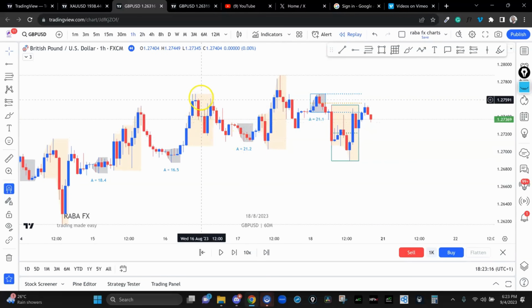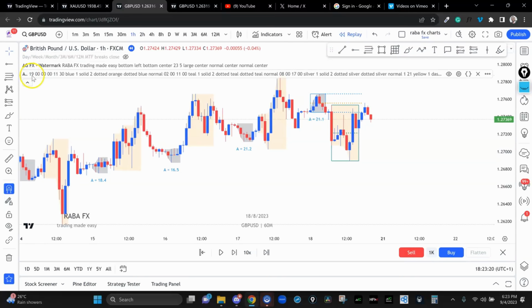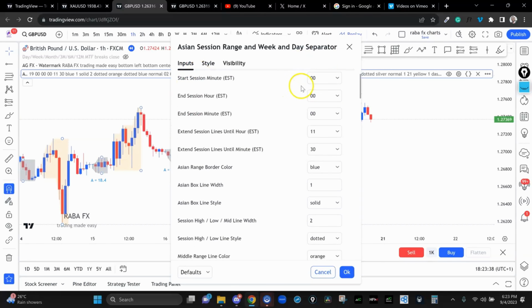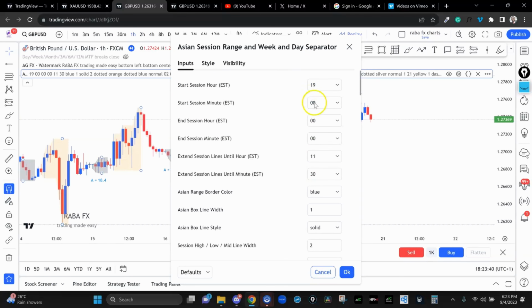From my chart, this orange box represents the London session. To get that, you need to go to TradingView and download this particular indicator, Asian session, range and week and day separator indicator, and then you can copy these settings.